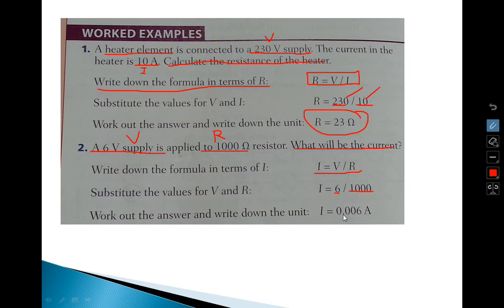So I is equal to 0.006 ampere. A small amount of current.